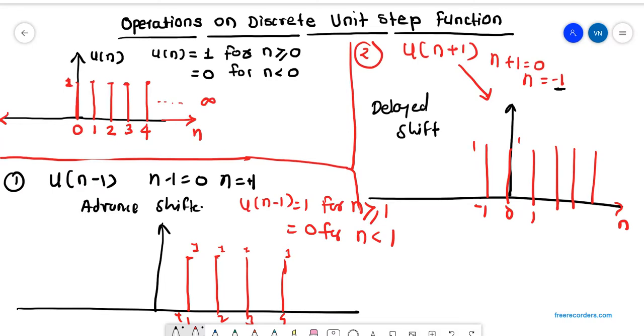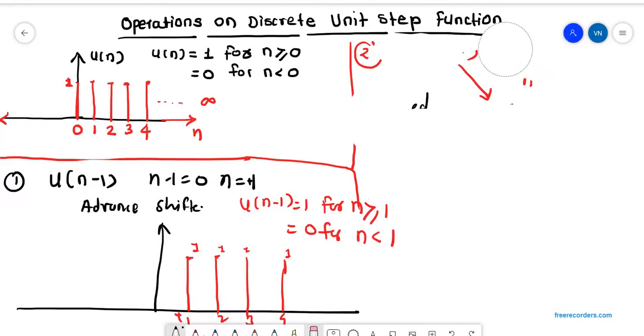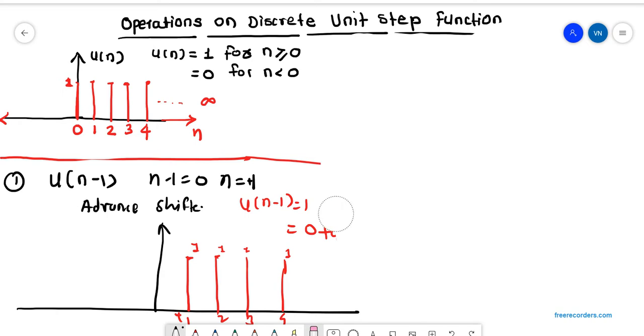That's it. Now we can do another simple operation. Suppose you have to draw the signal u of minus n plus 1.